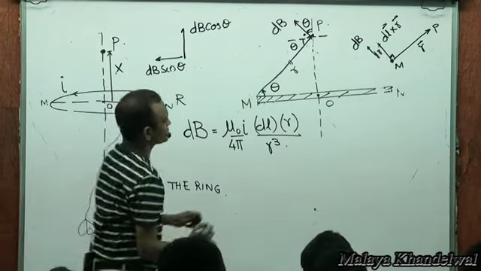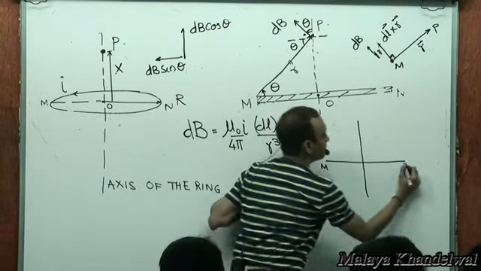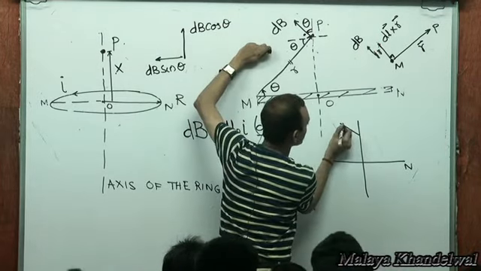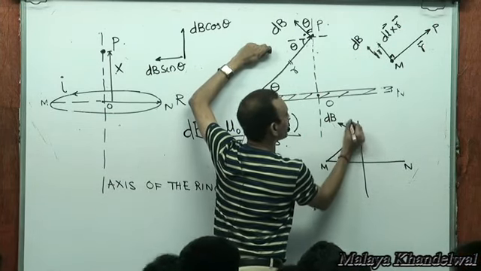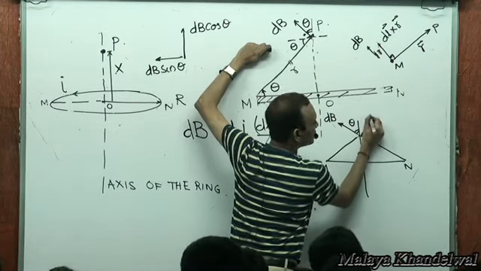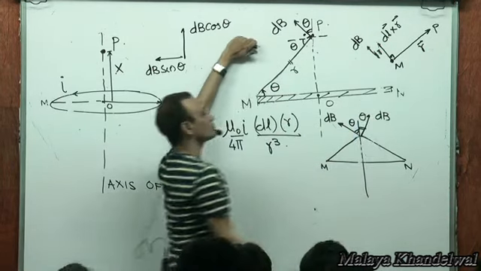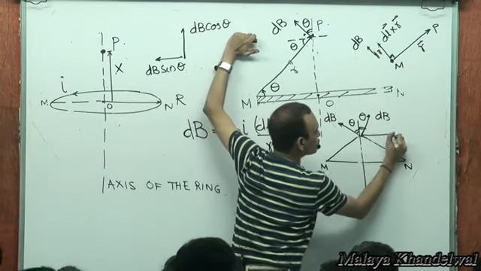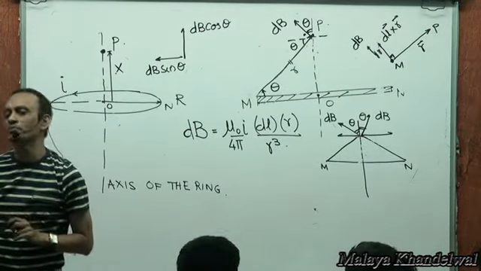Now also notice that if for the point M my dB is like this, making an angle theta this way, then I want you to independently evaluate that dB for the point N would be theta like this, right? And the horizontal component of dBs, that is dB sin thetas, will cancel off for diametrically opposite points.